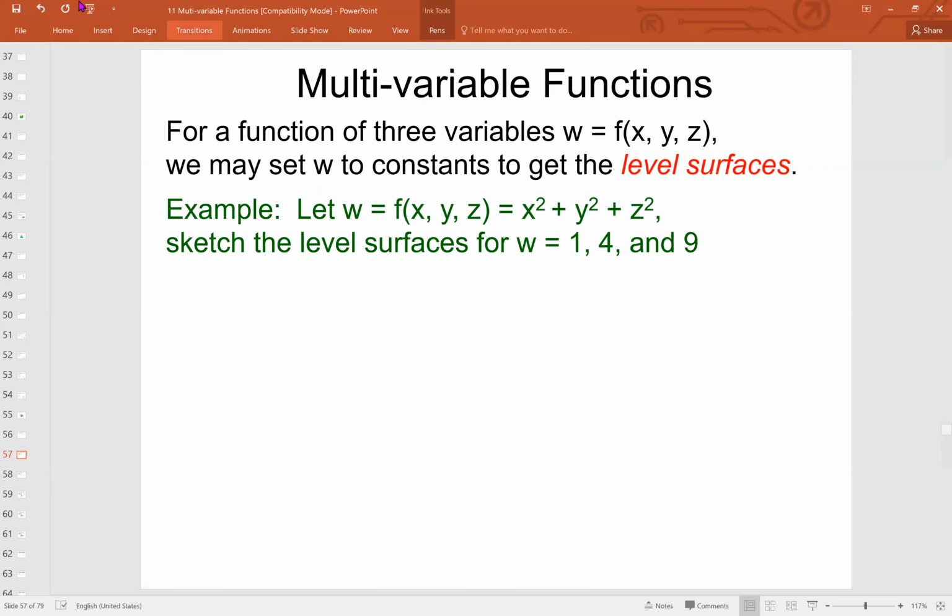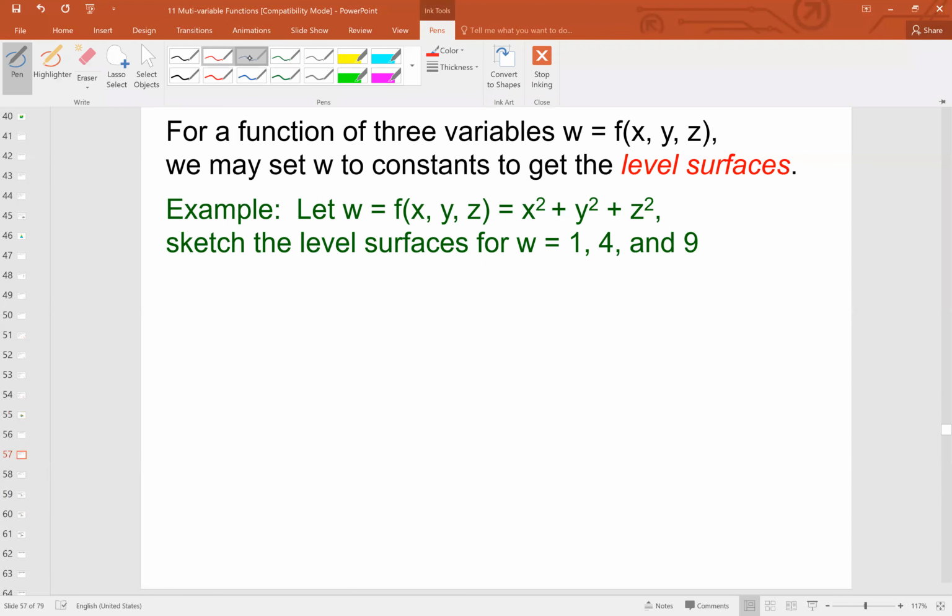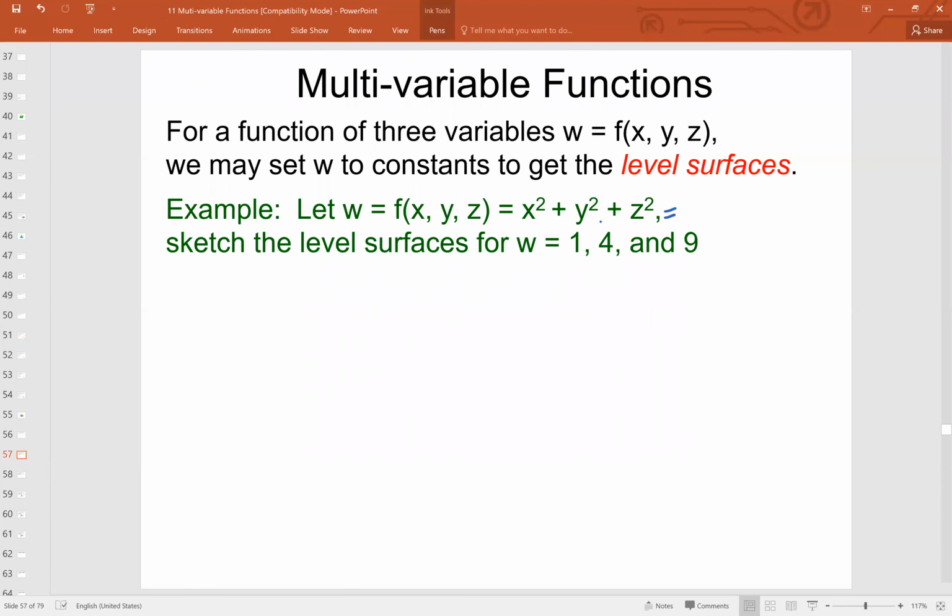On that surface, the XYZ equation is equal to a constant. So for example, let's talk about these equations. W equals a function of 3 variables, X squared plus Y squared plus Z squared. If I set W to be 1 or 4 or 9, these are equations of spheres in 3 dimensions, surfaces of spheres. In particular, X squared plus Y squared plus Z squared equal to 9 is a sphere of radius 3, right?